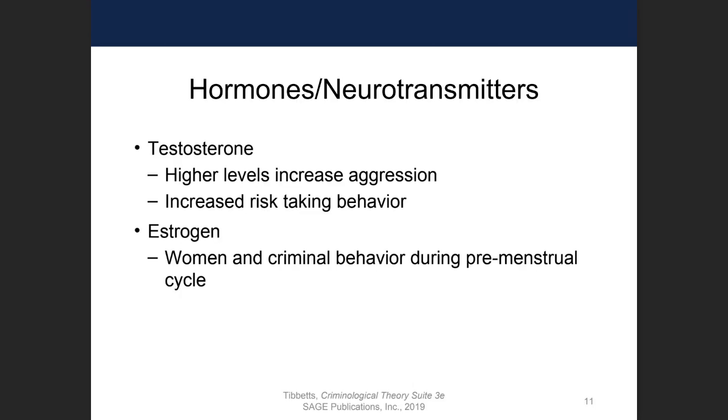Then there have been studies that have looked at the relationships between hormones and criminal behavior. For example, testosterone is a hormone that is oftentimes associated with aggression. Some studies have found that when individuals have higher levels of testosterone, they also have higher levels of aggression and risk-taking behavior, which all places a person at high risk of engaging in crime.